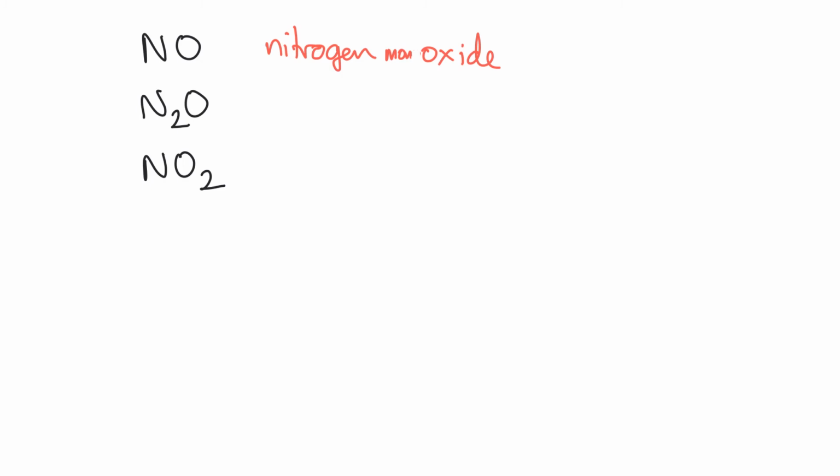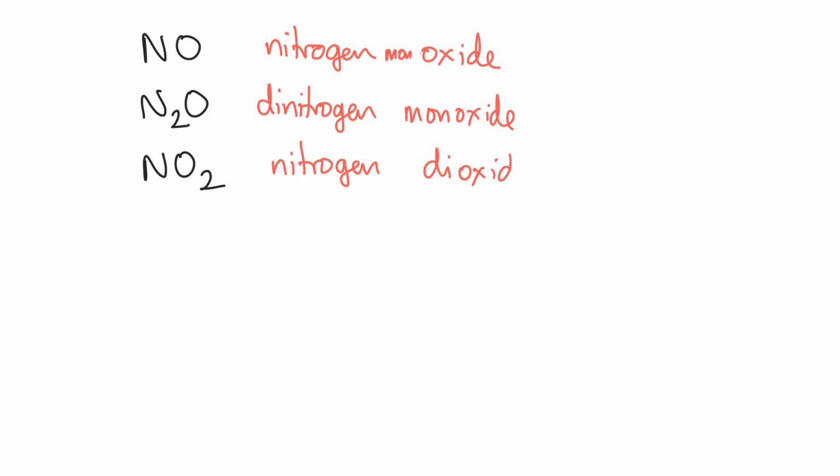And if we go to N2O, there's two nitrogens, so it is dinitrogen. And then it would be monoxide, but you get that sound again, so it's just monoxide. And NO2, there's one nitrogen, but we don't use mono for the first one, so it's nitrogen. There's two oxygens, so it's di. Oxygen becomes oxide. And dioxide, that sounds just fine, so we don't lop off the last letter of that prefix or anything.